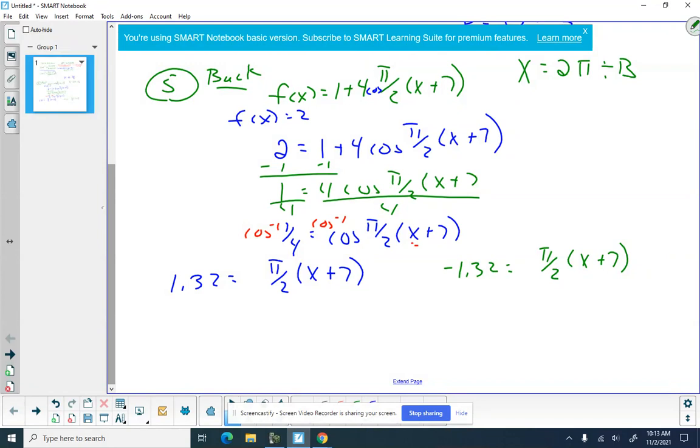Okay, we have to get rid of the pi over 2. So what do we do to both sides to get rid of pi over 2? Times by the reciprocal.